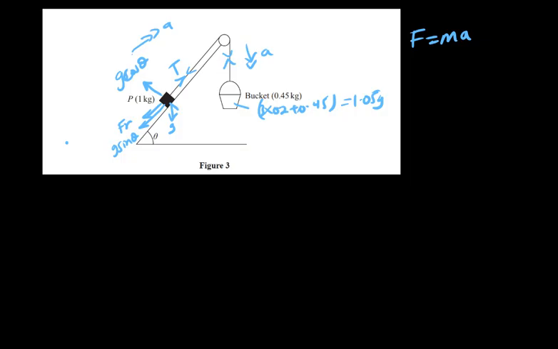Now let's see. If we resolve up the slope, parallel to it, we have the tension minus friction minus g sine theta, and remember sine theta we got as 4/5, should be the same as the mass of the package times the acceleration.